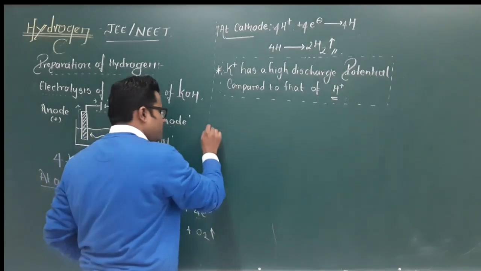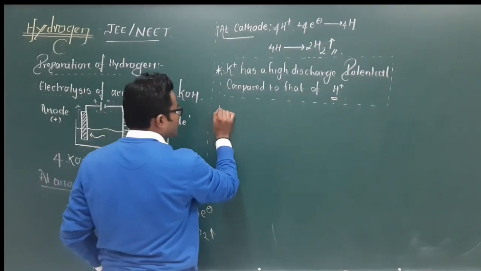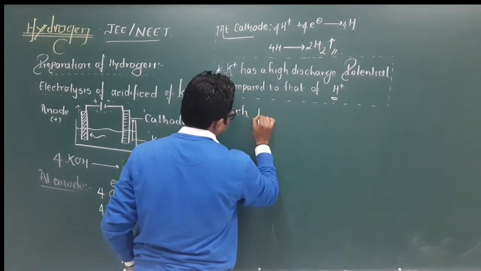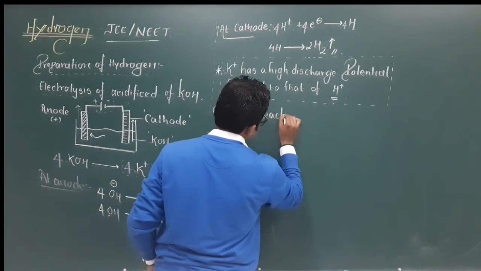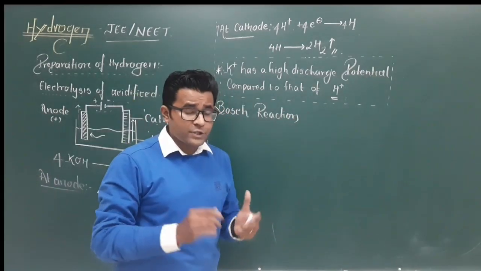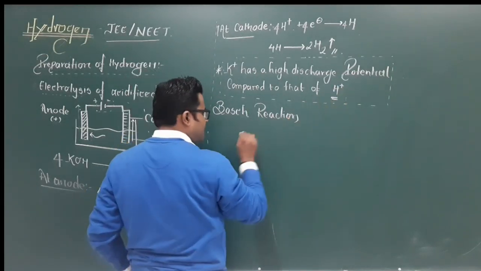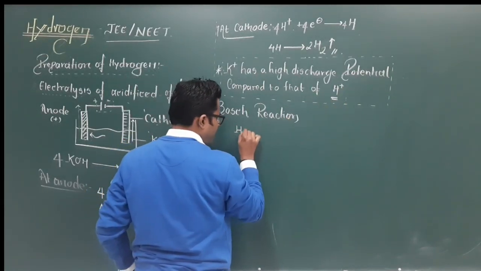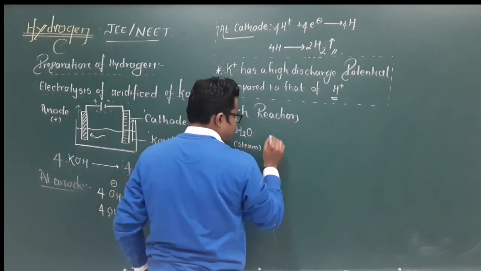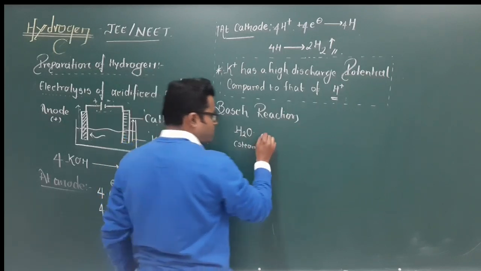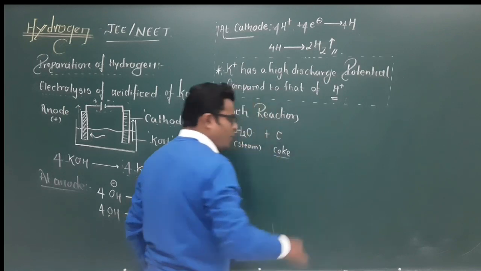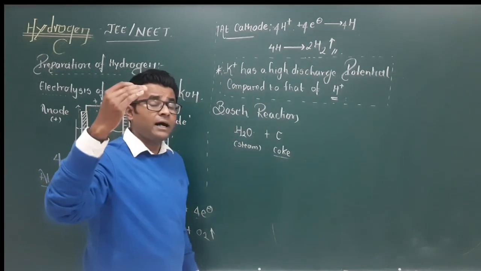Now coming to the next part, which is called the Bosch reaction. In the Bosch reaction, we take water in the form of steam, and this steam is passed through coke or coal at a very high temperature.